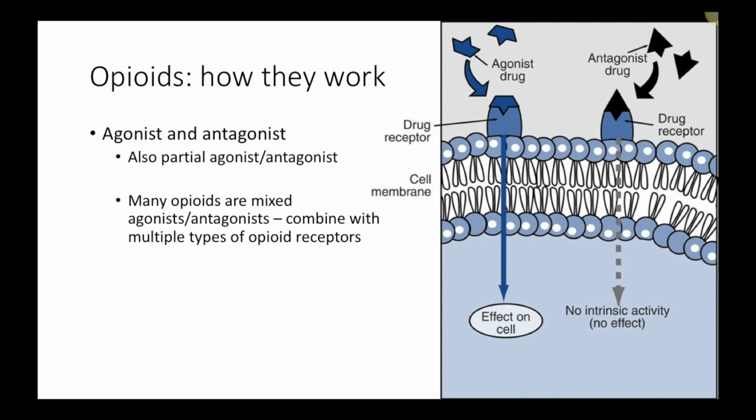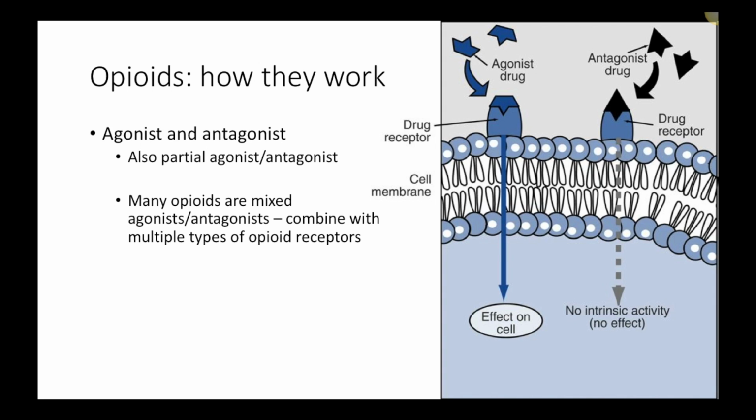An example of this is morphine. Morphine bonds really well to mu receptors, and it has really strong effects on the cells. We'll talk about morphine a lot. Every other opioid is measured against morphine, so it's either stronger than morphine, or less strong, or weaker than morphine, etc.